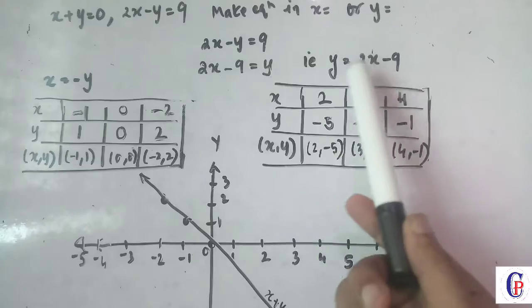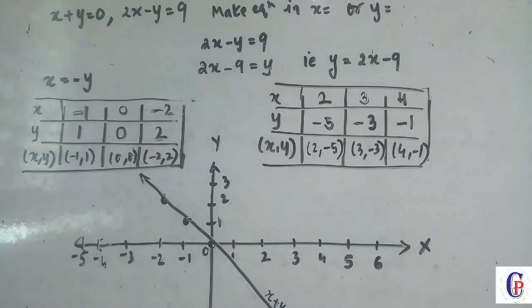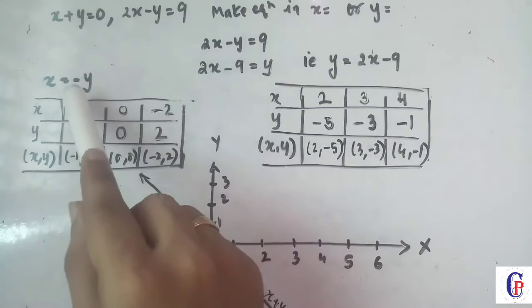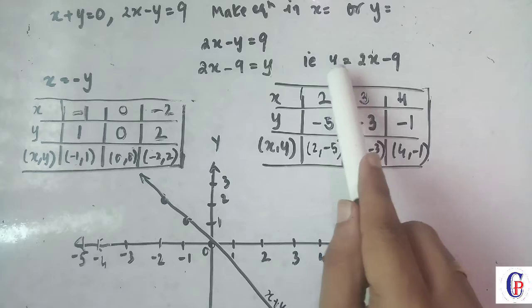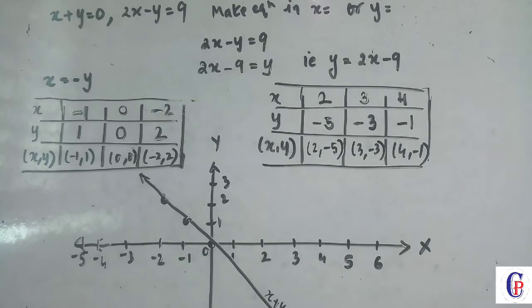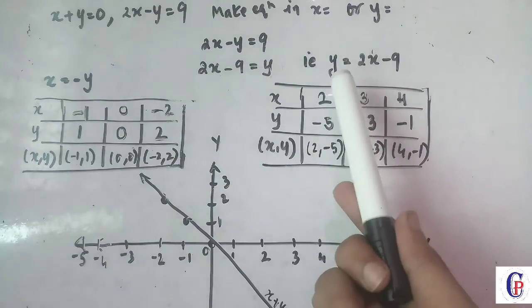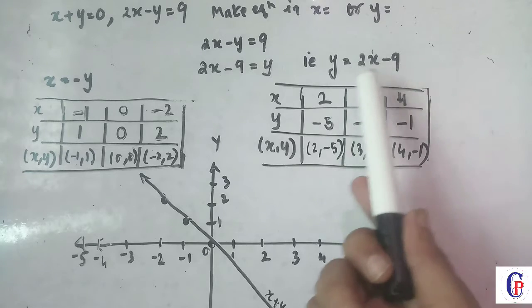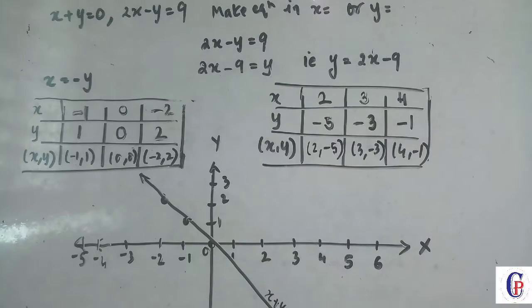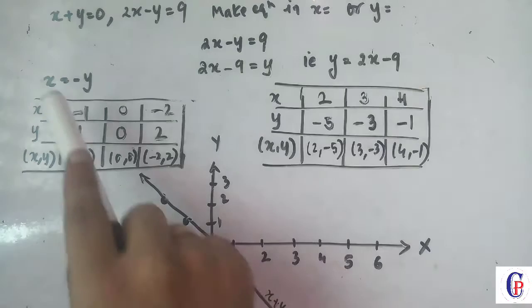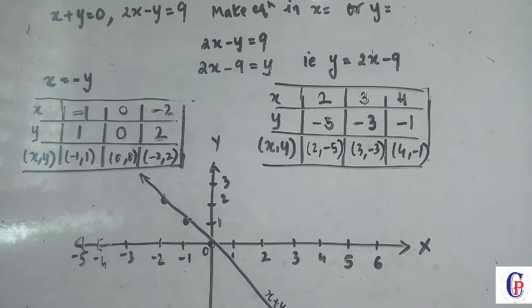So that is y is equal to 2x minus 9. So what we have done, we have made this equation into x equal to and this equation into y equal to. Not necessary that you have to make one into x and other into y. ये भी x में हो सकता है, but making this into y equal to was easy, so we made it into y equal to.